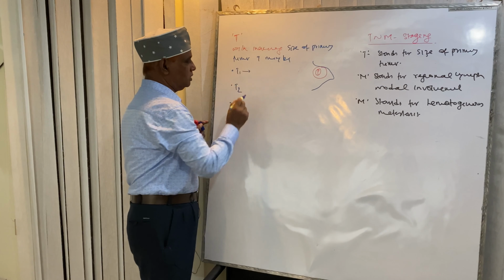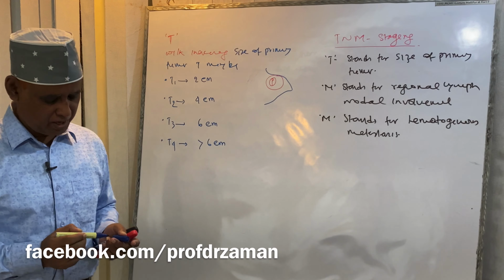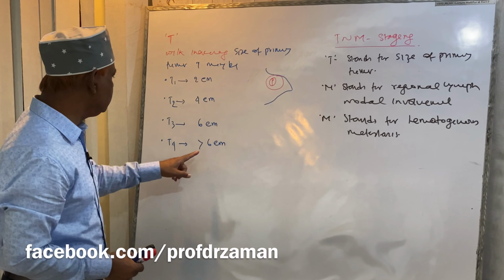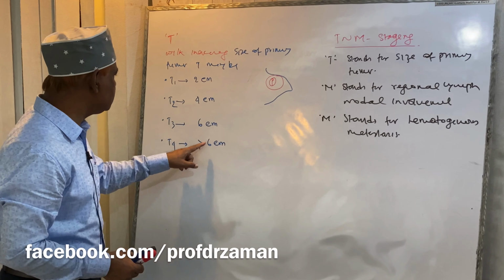T2 is 4 centimeter, T3 is 6 centimeter, and T4 is more than 6 centimeter diameter of the primary tumor of the breast.